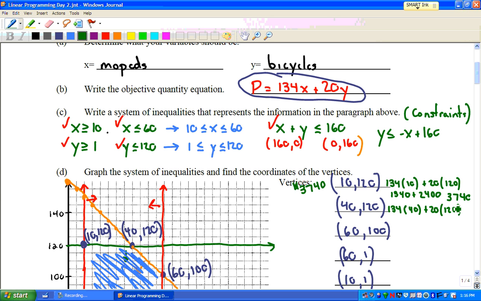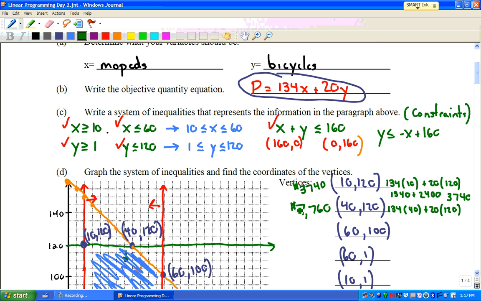Okay, now this one, 134 times 40 plus 20 times 120. So let's do that. 134 times 40, plus 2,400. This one right here would give us $7,760. Not bad for a month of work right there.